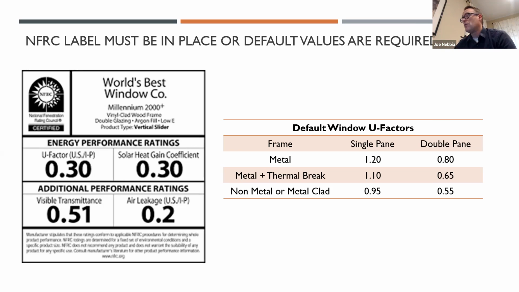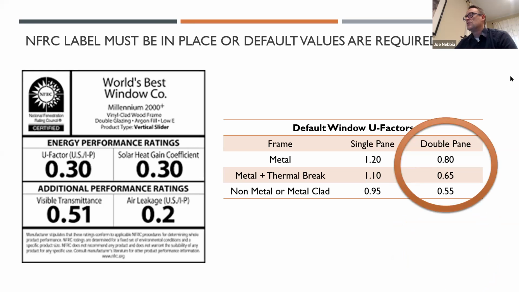If you don't have the NFRC sticker on your window, and this is important, you'll be forced to accept default values for your window. So if you have a vinyl double pane window in climate zone 2, say, you're going to end up having to assume a 0.55 U factor, which doesn't meet the U factor requirement in the code.